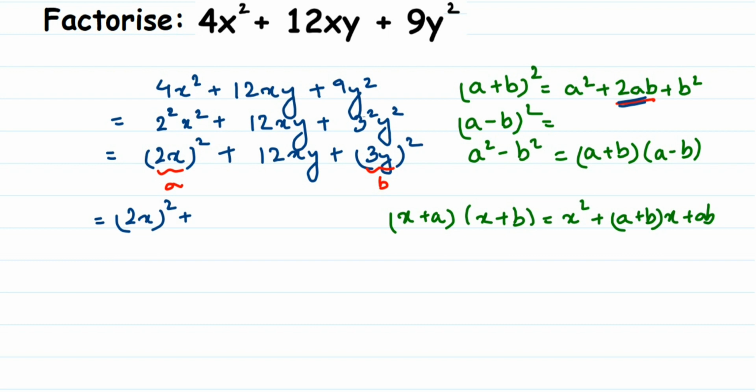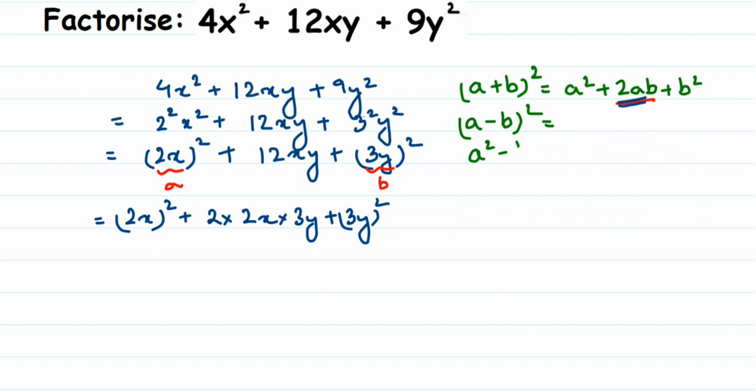According to me, a is nothing but 2x, so let me substitute 2x here, into the b value, which is 3y. Then let's see if I'm getting 12. We have 2 2s are 4, 4 3s are 12, and then x into y, 12xy.